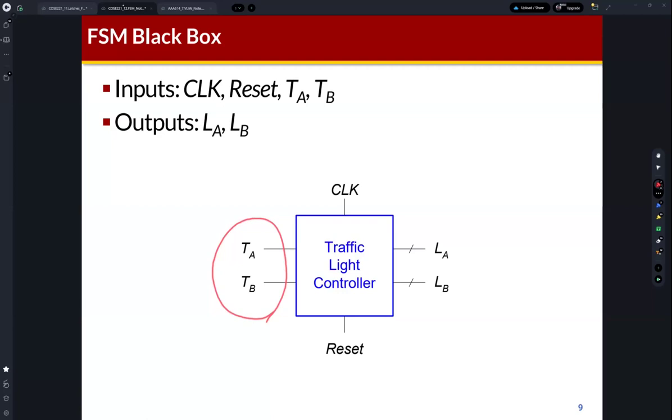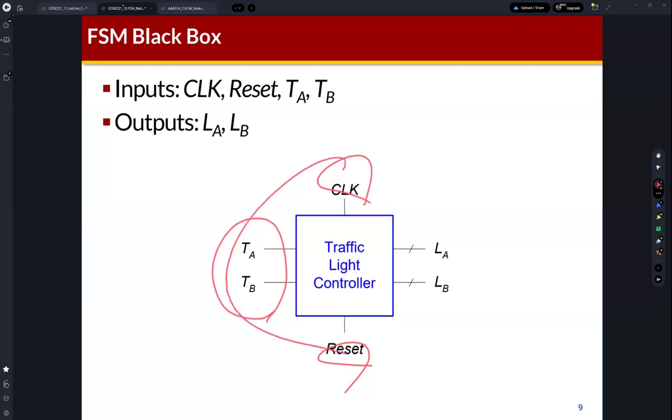Also, this is sequential logic that includes D flip-flops. So we require a clock signal and a reset signal. In order to make a stable system, we require a reset signal, right?